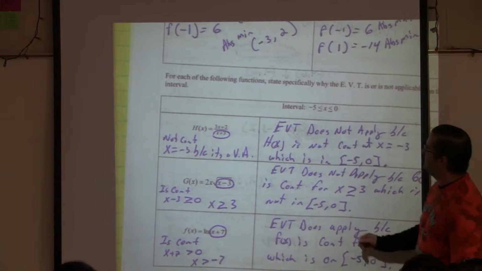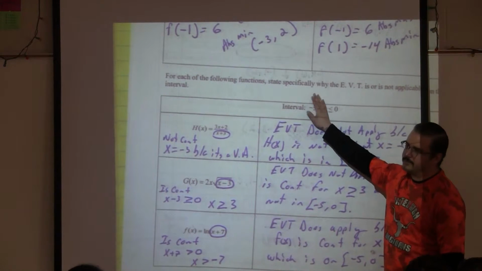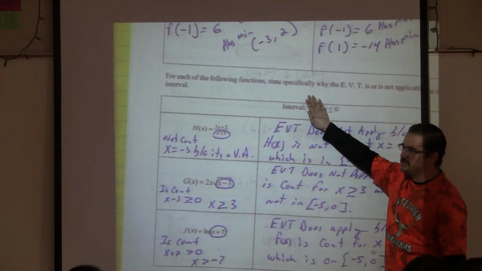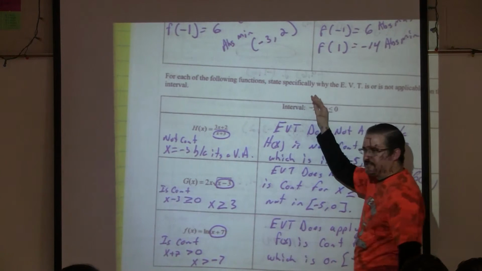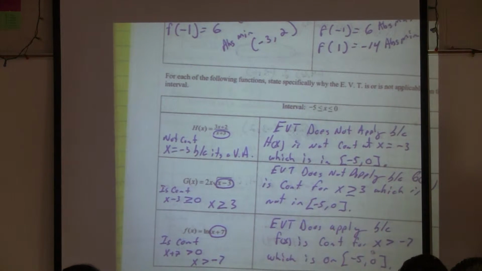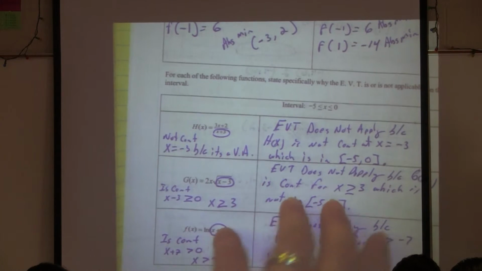Let's say it was only from negative 2 to 0. Will we still be alright? Yes. I'd still have to find the first derivative, find the critical numbers, and test those and the endpoints in the original function. As long as it's continuous in that little interval that they're giving.